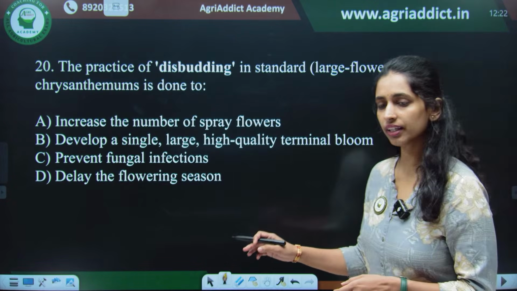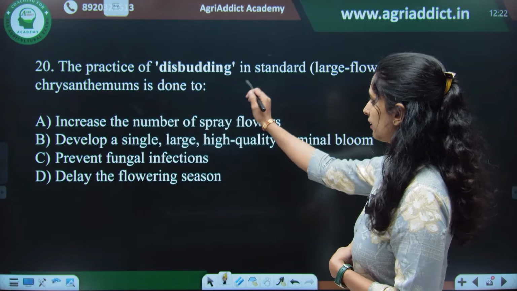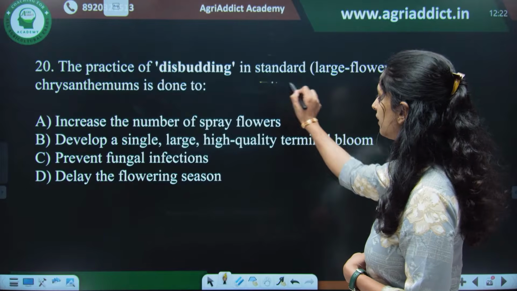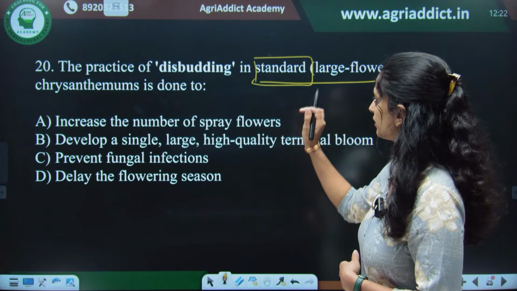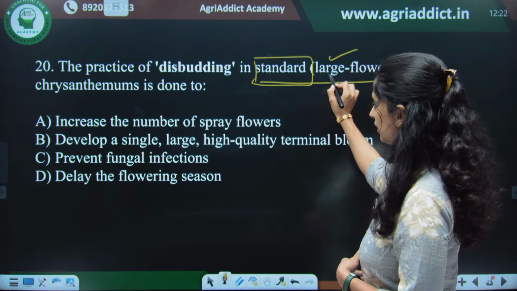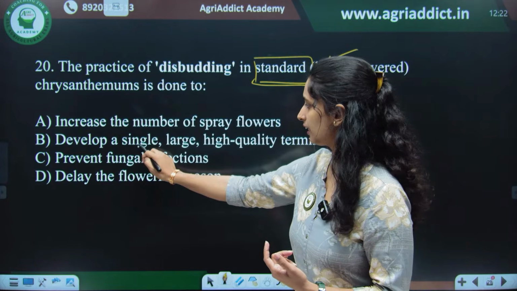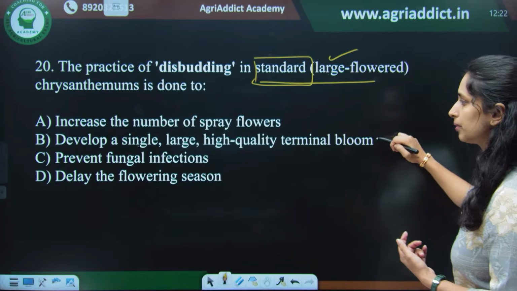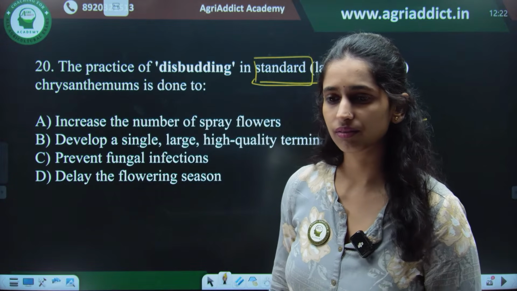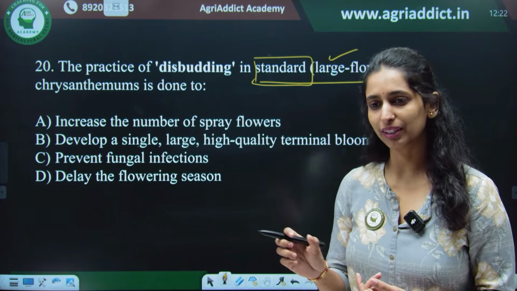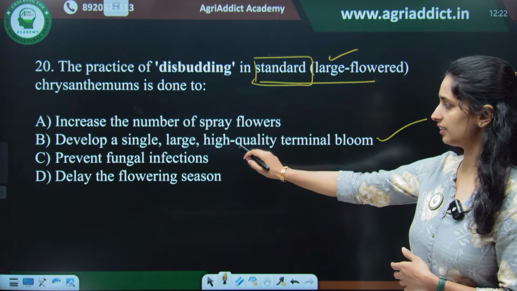See, disbudding in the spray type is different and the standard type is different. They are saying in large flowered standard type क्यों करते हैं? Standard type, you can understand from this word only, develop a single, large, high quality terminal bloom. Answer is B. Okay. So I'm not able to read Nanda. I think another name I can't able to read. So the correct answer is B.